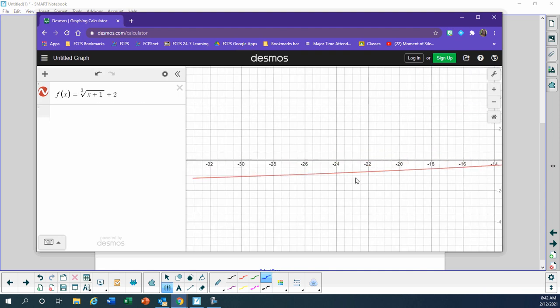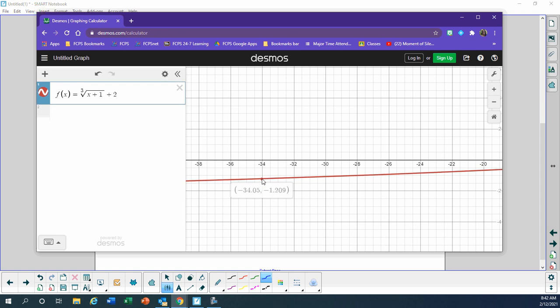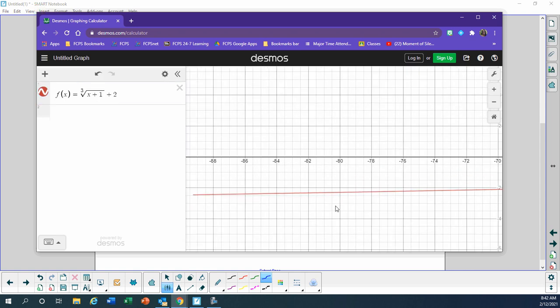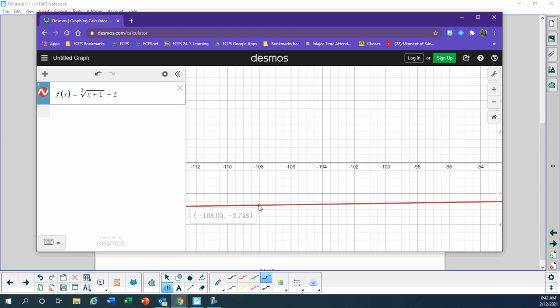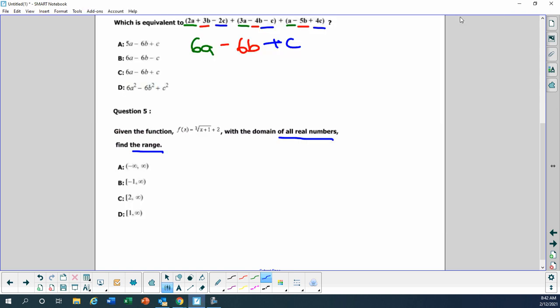So you can see, like if I go here, it passes negative, oh, this is 1 point. So let's see, like here, negative 2.79, right? So I know it passes the negative 2.7. So both sides will be all real numbers. Range is also negative infinity to positive infinity.